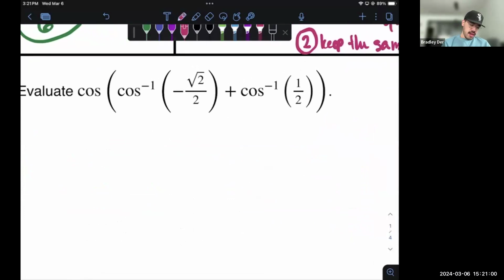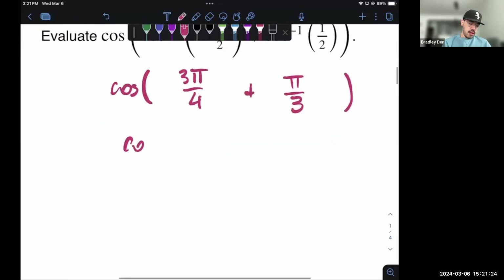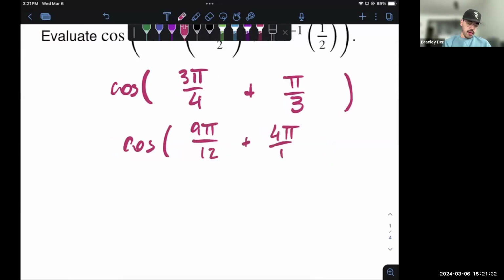The red problem, maybe you thought it was easier than the yellow. I don't know. I'm just going to do a little order of operations here. Inverse cosine of negative √2 over 2 would be 3 pi over 4. And inverse cosine of 1/2 would be pi over 3. So let's put that over 12. 9 pi over 12 plus 4 pi over 12 is 13 pi over 12.